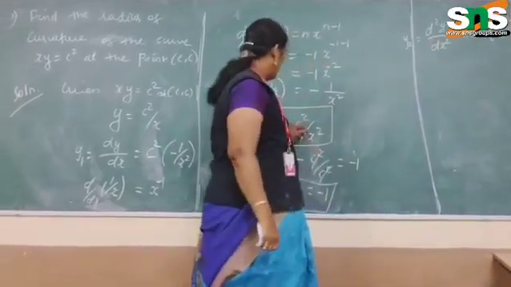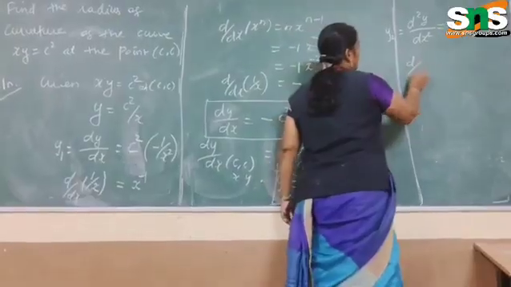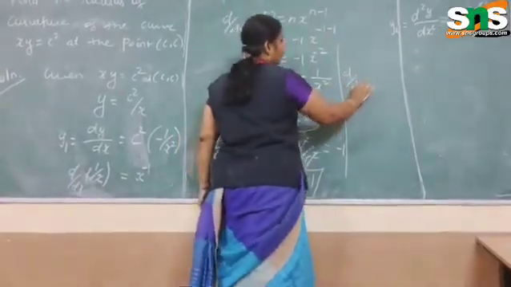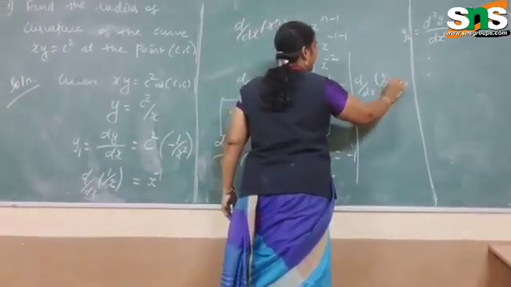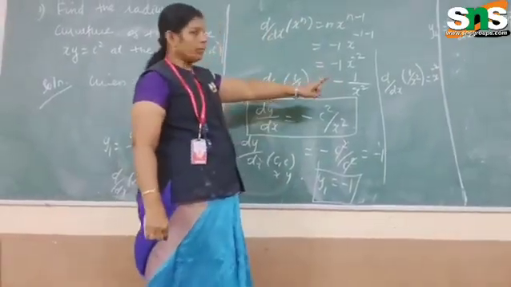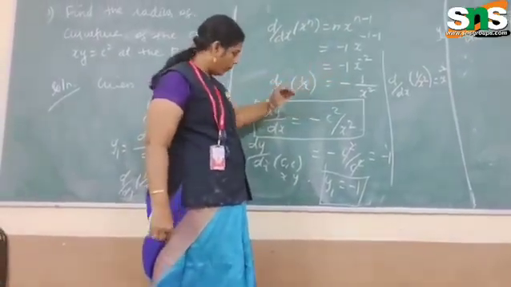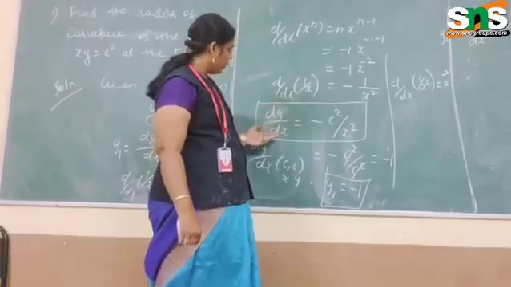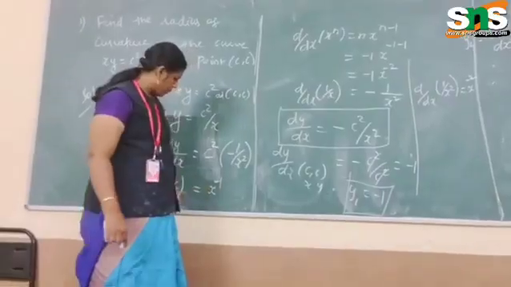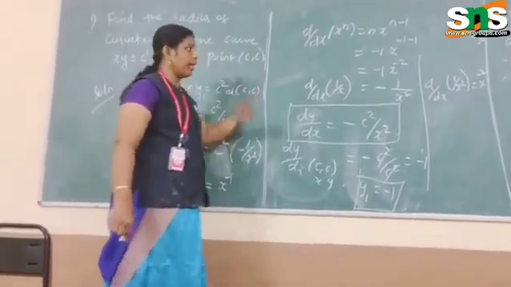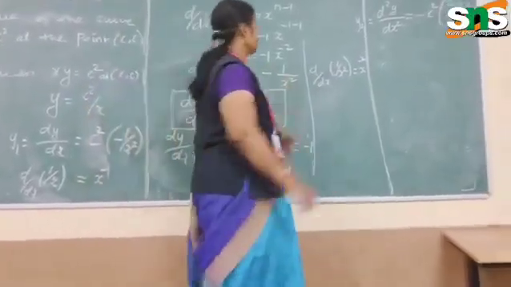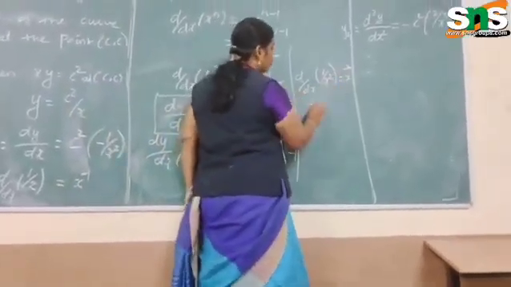Listen. Here d by dx of 1 by x square. This can be written as x power minus 2. Now differentiate with respect to x, following the previous differentiation formula. What is the differentiation of x power minus 2?